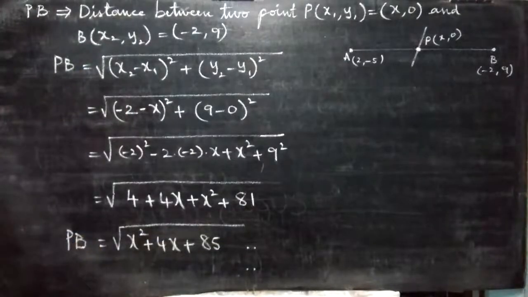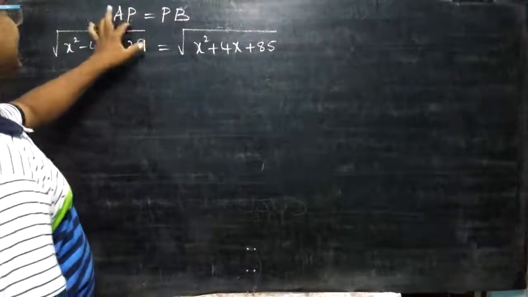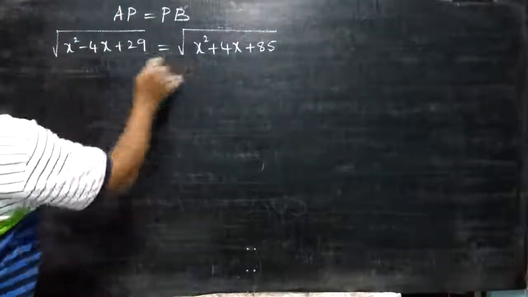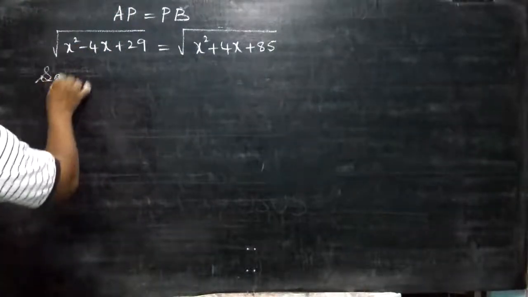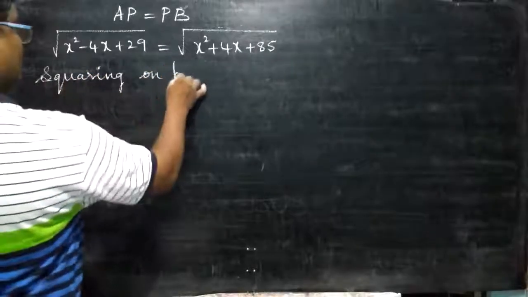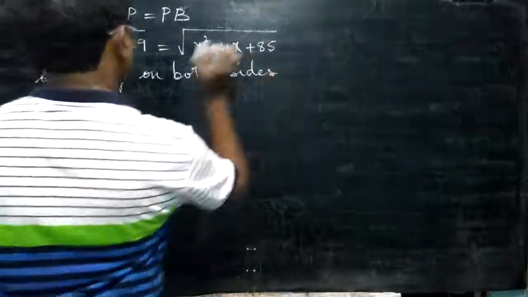Now equating both. AP is equal to PB because P is equidistant, equal distance. Square root we are seeing, so squaring on both sides, not one side, both sides.